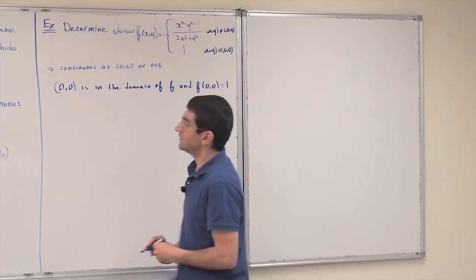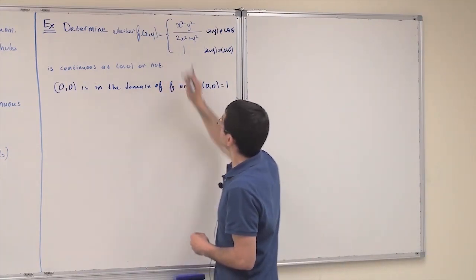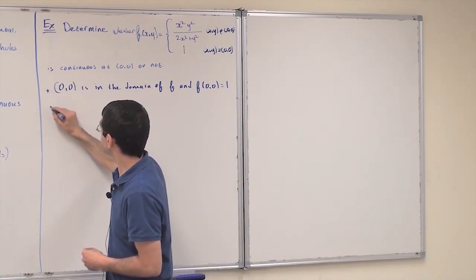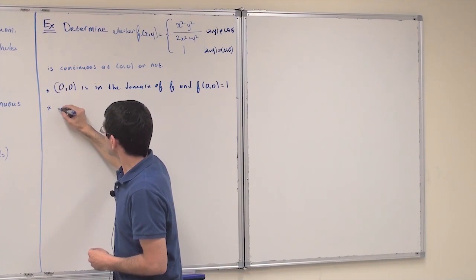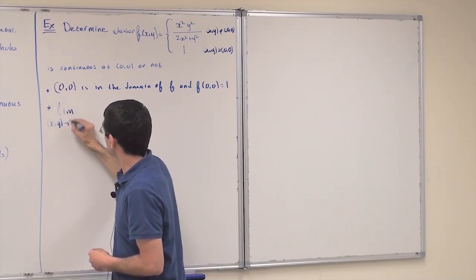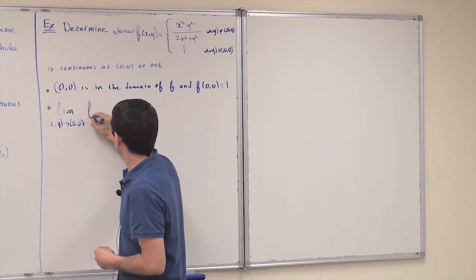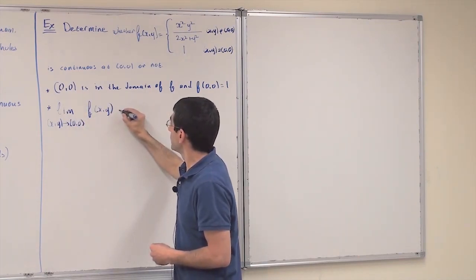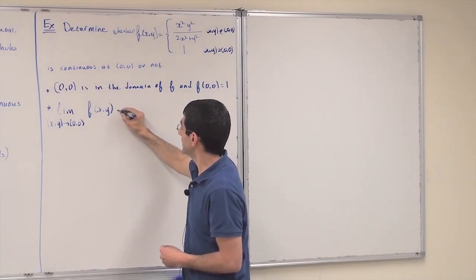Next, we determine if the limit of this function at (0,0) exists or not. We'd like to find the limit as (x,y) goes to (0,0).